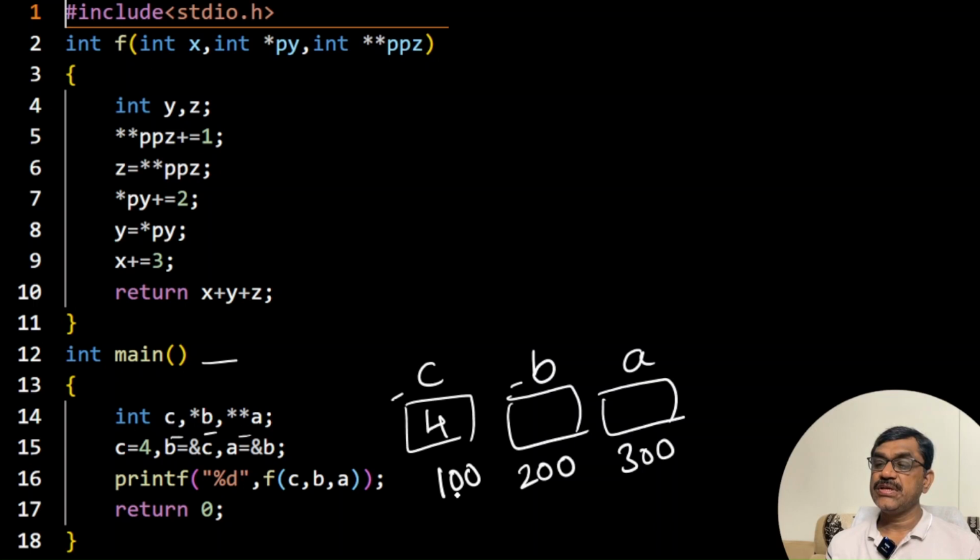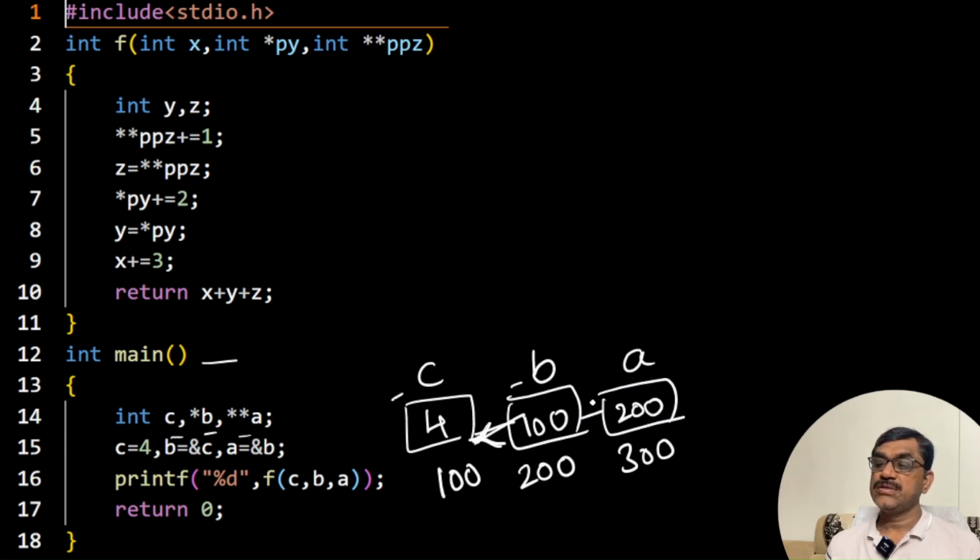What is the address of C here? 100. So here we are storing 100. That means B is a pointer to C. B is the pointer variable to C. Now A equals ampersand of B means the address of B is stored in A. Here we are storing 200.